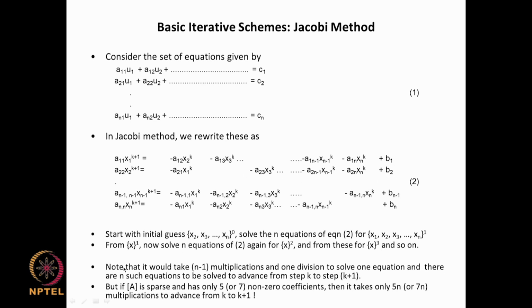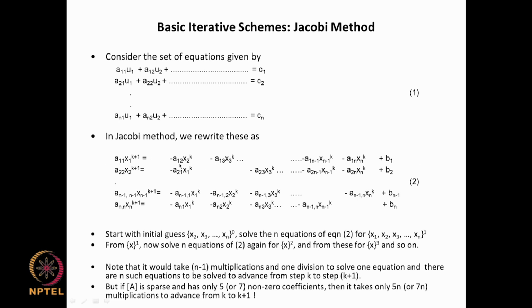So what we see from here is that it would take n minus 1 multiplications. For example, you have one multiplication, second multiplication, third multiplication, up to n minus 1 multiplications, okay, this and this. So there are n minus 1 because this will make it the nth one.